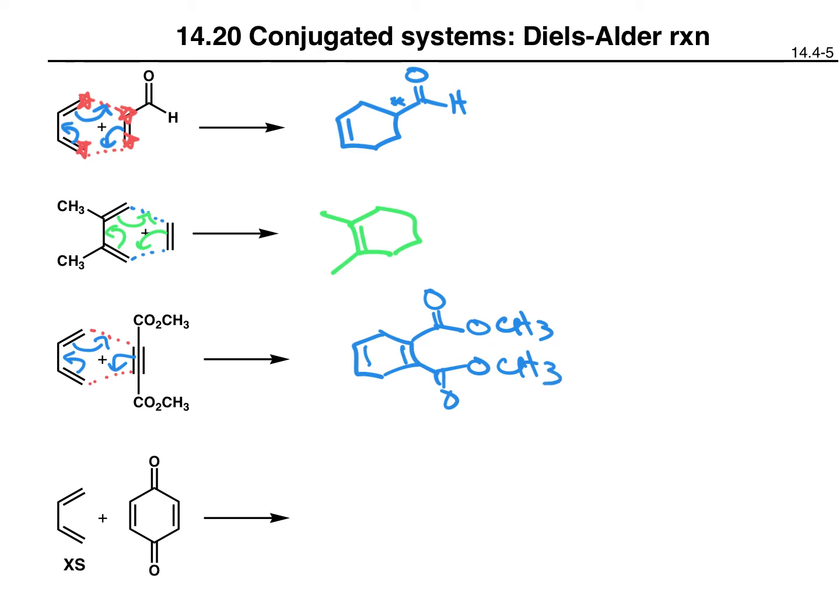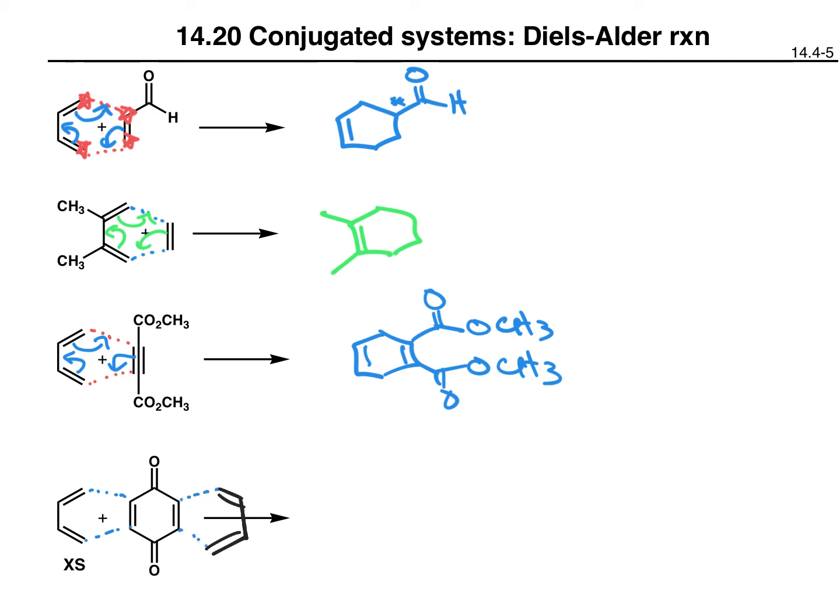And one more example, we have an excess of the diene, and if you look closely at the dienophile, here is an alkene that can react, but also this is an alkene that can react. So the fact that we have an excess means we can do the reaction on both sides. So new bonds can form here and here.